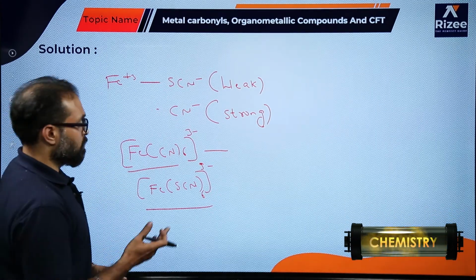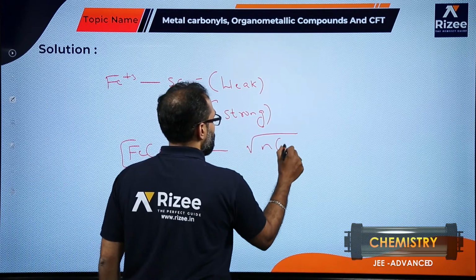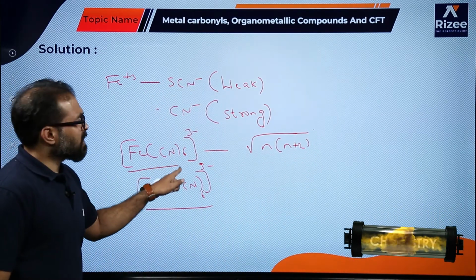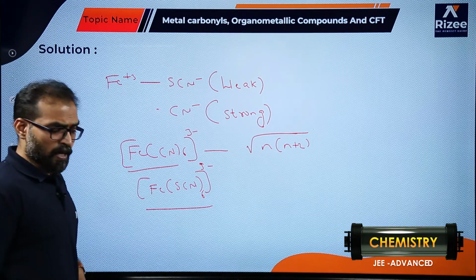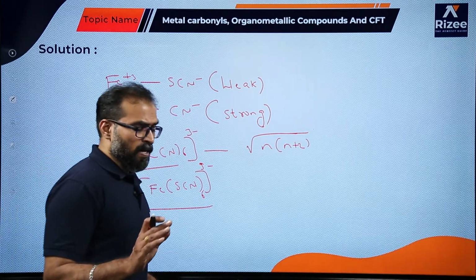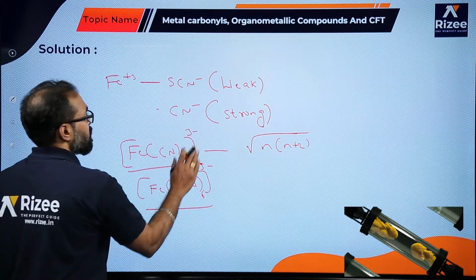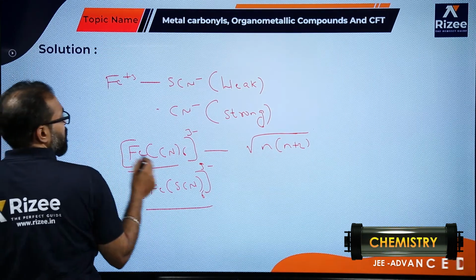Correct. In the case of a strong field ligand, pairing of electrons takes place against Hund's rule. Without pairing, 5 unpaired electrons are there. If pairing happens against Hund's rule, now what will be formed?